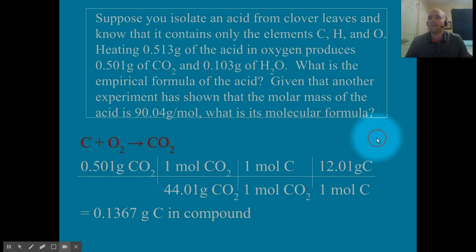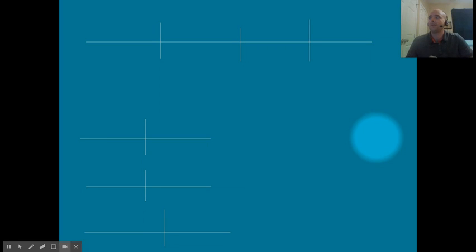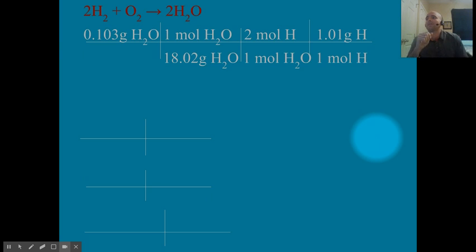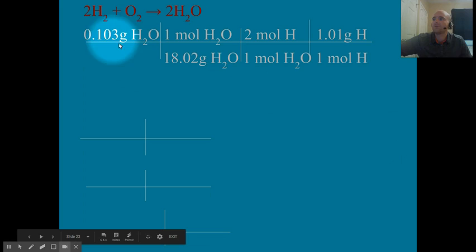Then I'll look at the hydrogen specifically, and recall that the hydrogen will react with the oxygen to form water. Now, with my known information of water, I will convert grams to moles of water, and then for every mole of water, there are 2 moles of hydrogen.